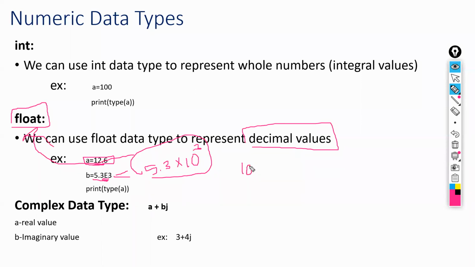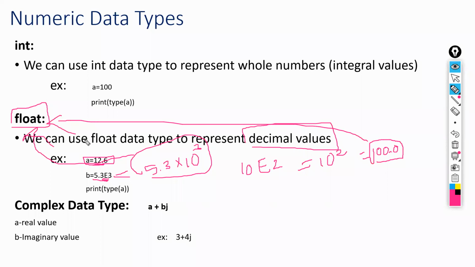If I say 10 e power 2, it means 10 squared, that is 100. But in the output it shows not 100 but 100.0. If there is a point, it compulsorily belongs to float.